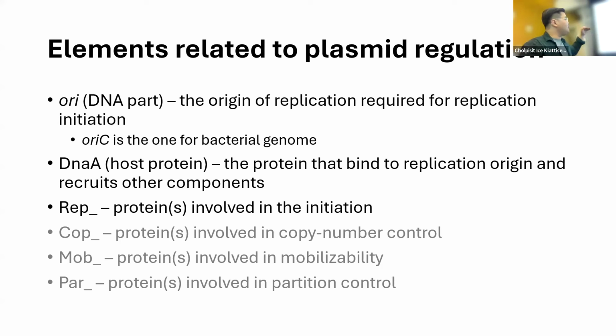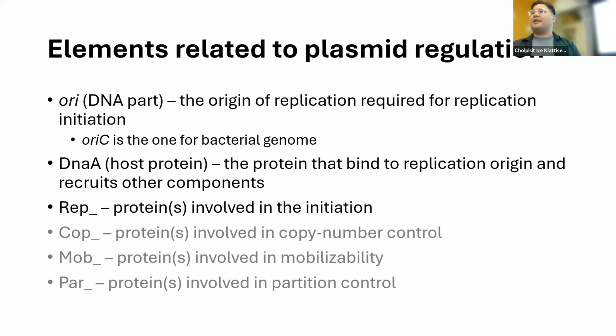So these are some common parts for the plasmid regulation that you see. Some of the parts below are not that necessary. For example, you need the origin of replication so that the plasmid can replicate. You will need the host to have the particular protein. For example, DnaA sounds like a pretty good abbreviation, because it's DNA, right? It's going to work with some DNA for sure.